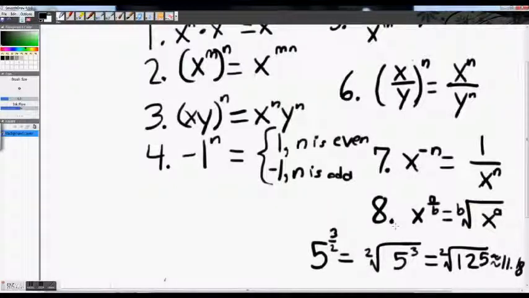And also, we mentioned this already, any non-zero number raised to the 0th power will be 1.